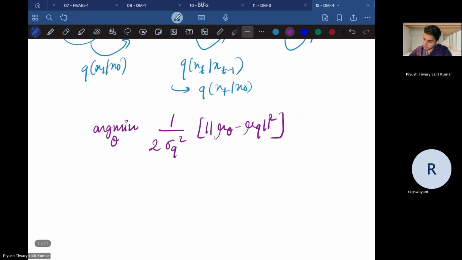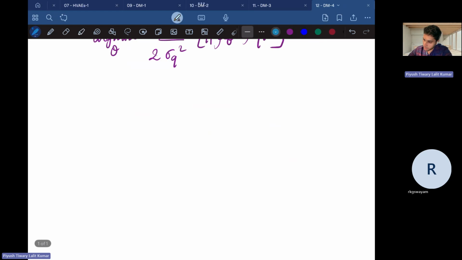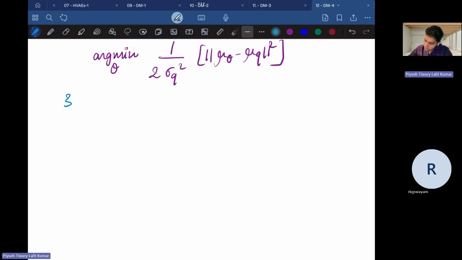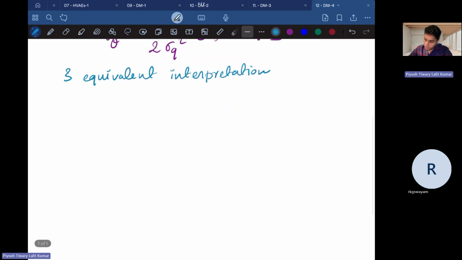So the first one is the x naught prediction interpretation that we have already seen, right?